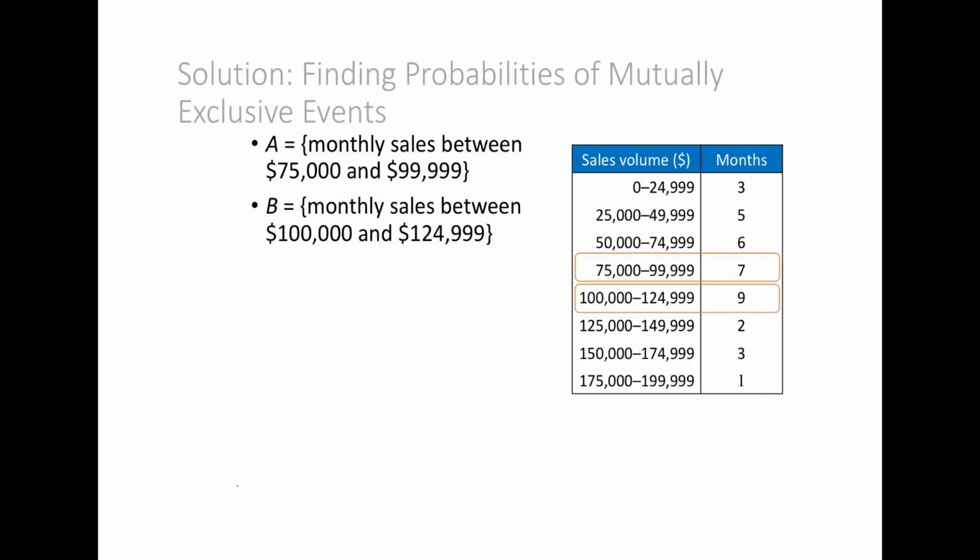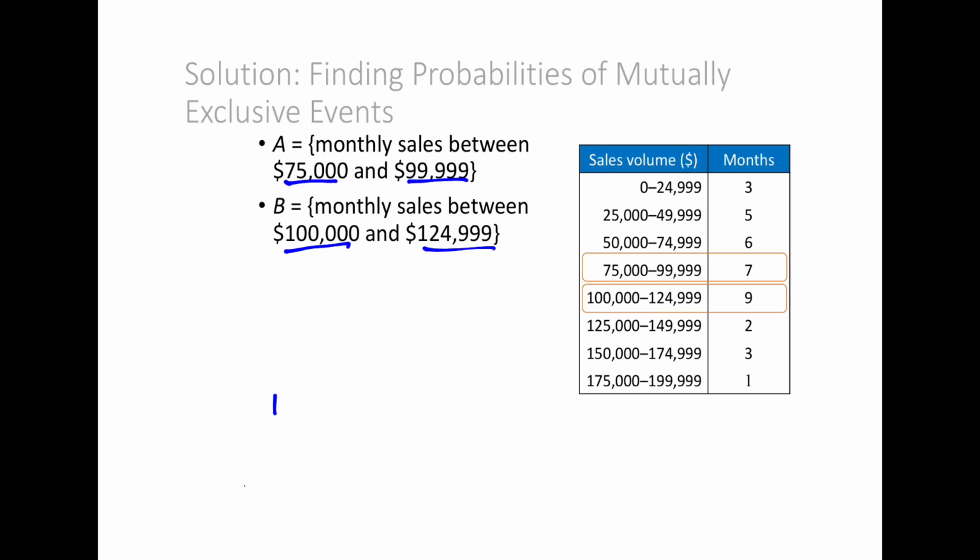If we consider those as 2 separate events, A being between $75,000 and $99,999, and $100,000 to $124,999 being event B, this would be the probability that either A or B occur, simply because they were just in different rows. And in this case, they're mutually exclusive. We can see there's no overlap there. Either you're going to fall into this category or you're going to fall into this category.